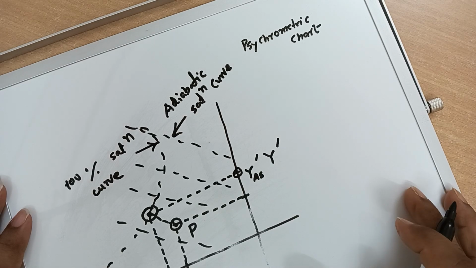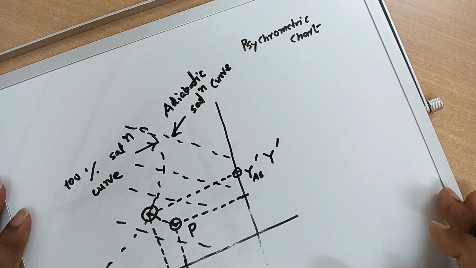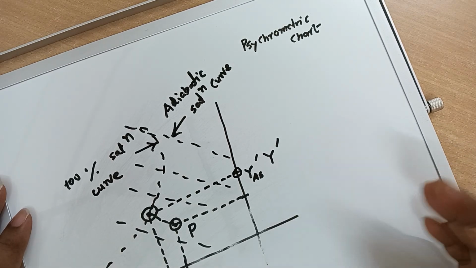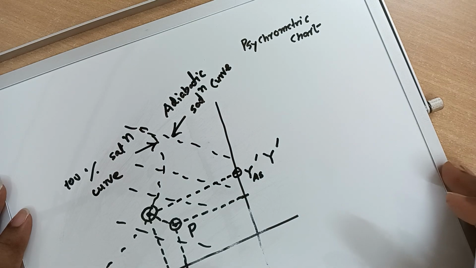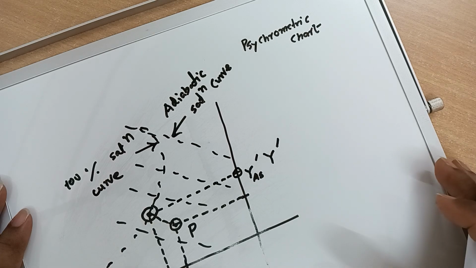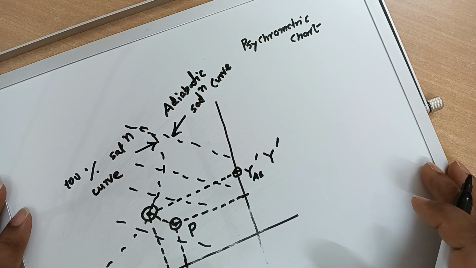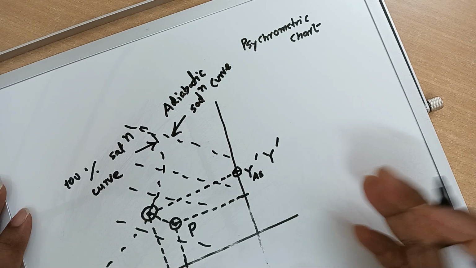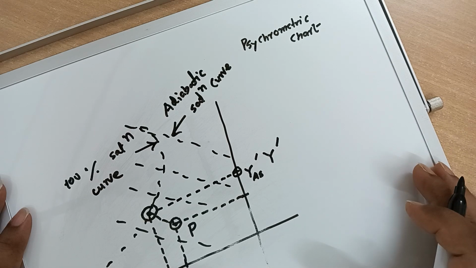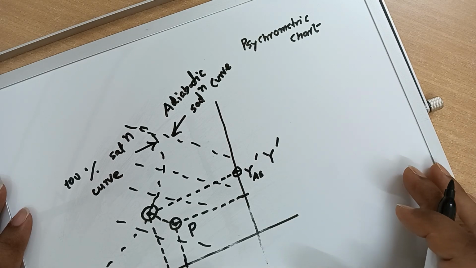Now, many times the system may not be an air water vapor mixture. Suppose an organic vapor is present in air, and you are supposed to find the corresponding adiabatic saturation temperature and adiabatic saturation humidity. In that case you simply cannot use the psychrometric chart, because the psychrometric chart is mostly meant for the air water vapor system at 1 atmosphere pressure.